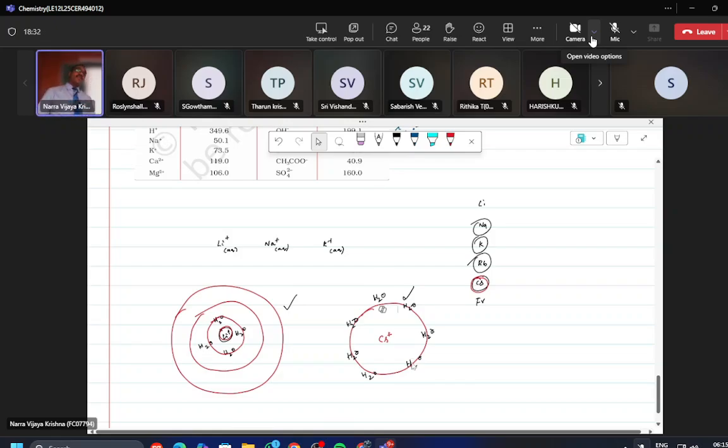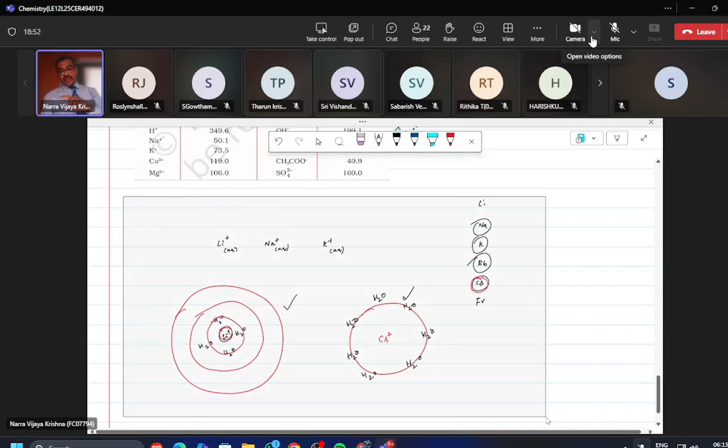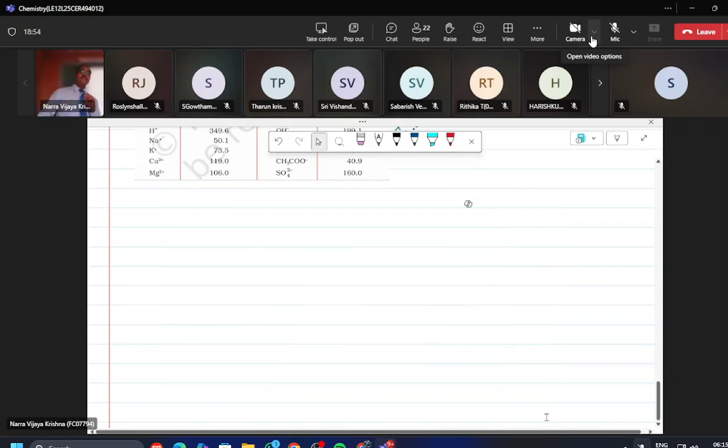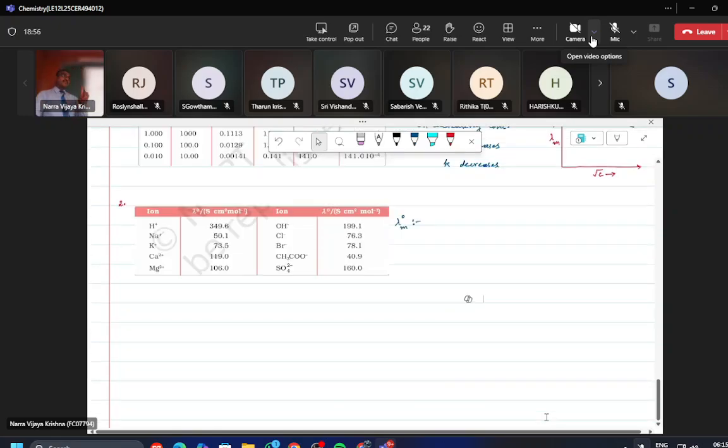If more water molecules surround, we call it a high degree of hydration, which means more energy is released. That's why we call it a high enthalpy of hydration. So hydration is high, or simply solvation is high, and enthalpy of hydration is also high.